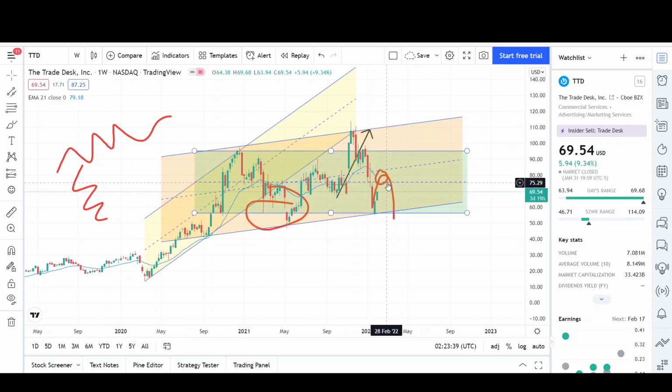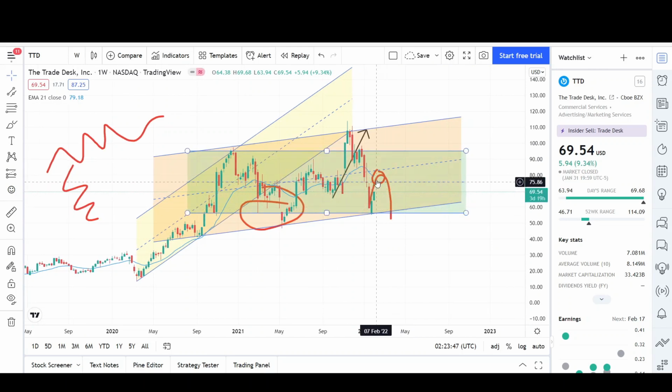But obviously in the near term this week, I'm expecting higher prices, possibly to the 75, maybe even the low 80s. But from there, I'm still expecting us to make a new low for this move and enter the $40 level.